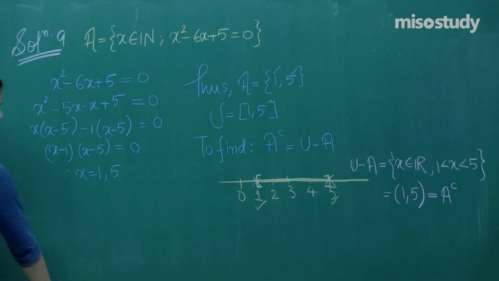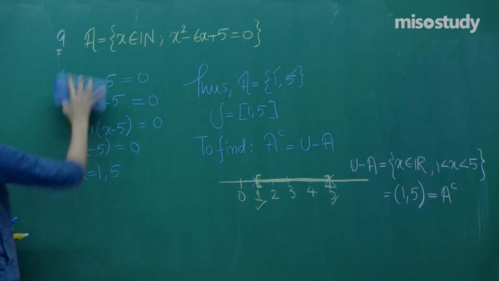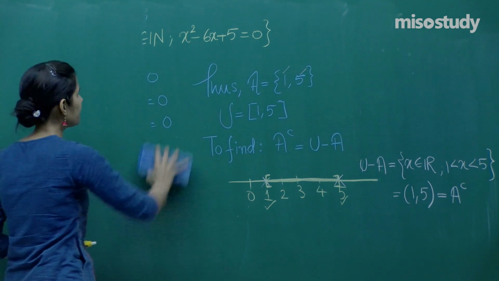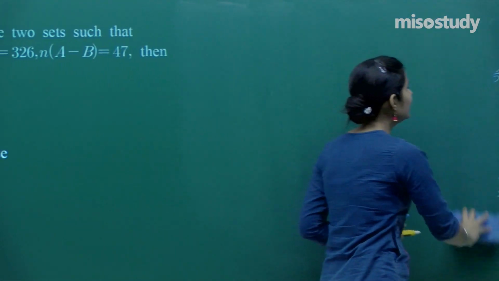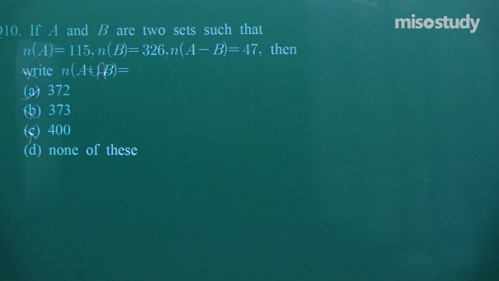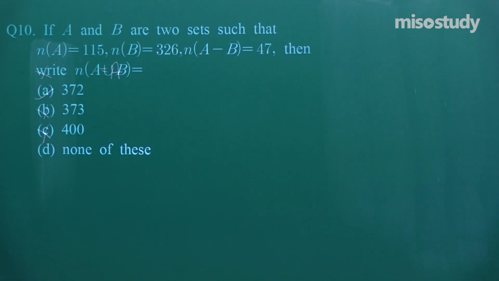After dealing with question number 9, now we come to our very last question. This is going to emphasize the importance of the concept of finding the number of members in a particular set.